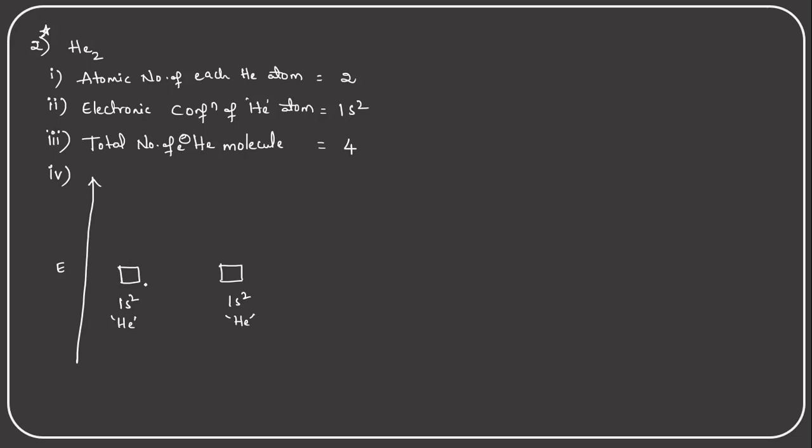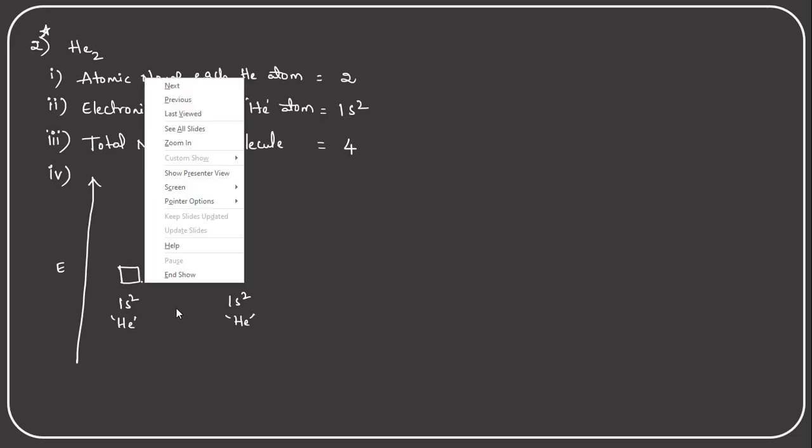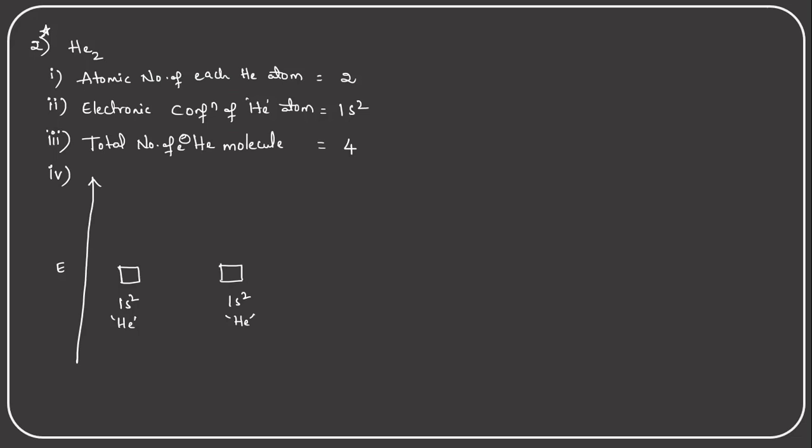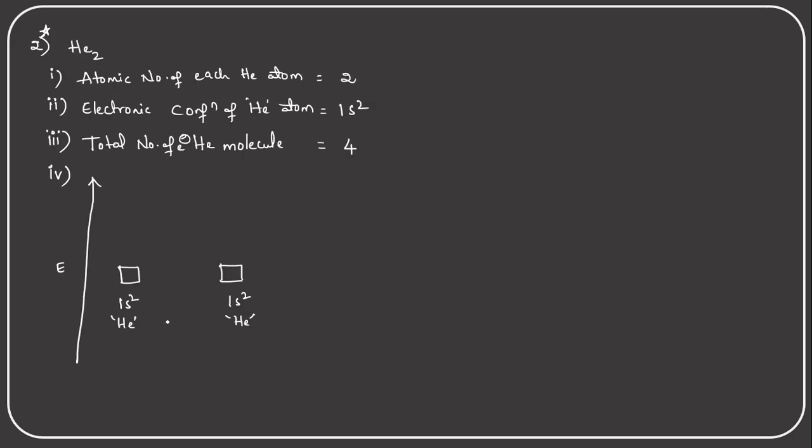When they combine with each other they form molecular orbitals. One is the bonding molecular orbital, represented with sigma, and another one is sigma star, the anti-bonding molecular orbital. The lower energy one is the bonding molecular orbital, and they are connected with each other.